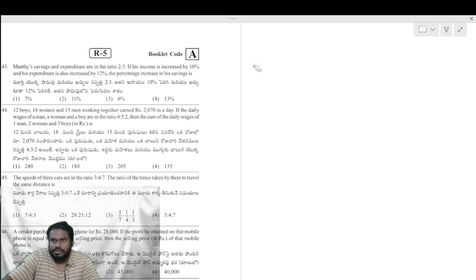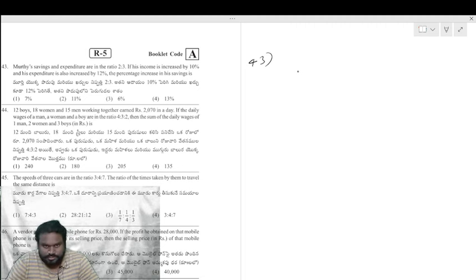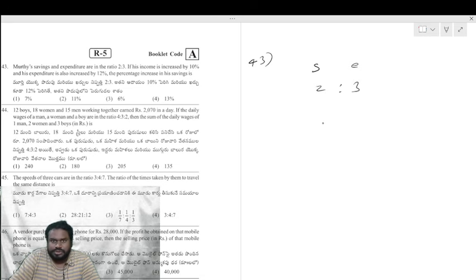Question number 43. Murthy's savings and expenditure are in the ratio 3:5. His income is increased by 10%. Savings plus expenditure is equal to income.